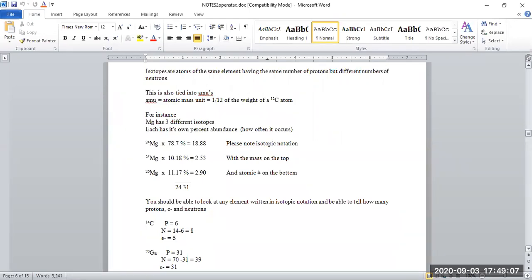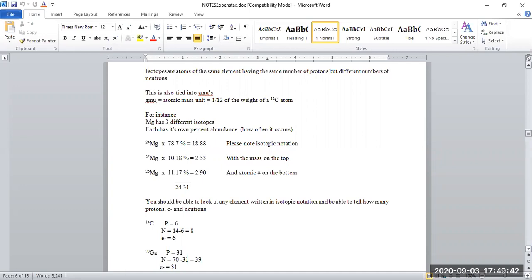In this case, we've got a 24, a 25, and a 26. We are going to move the decimal place because a percent sign is a decimal after it's been multiplied by 100, so we're going to undo that. If you multiplied 24 times 0.787, you will get 18.88.